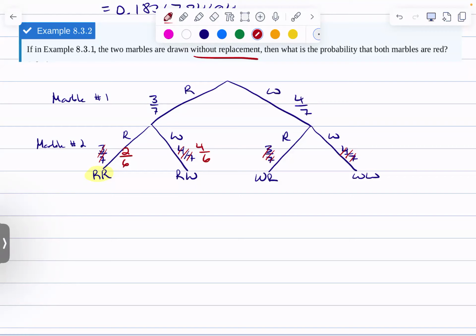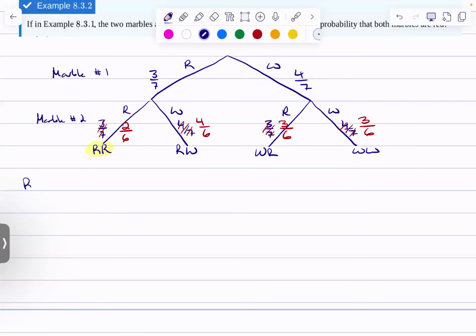How about for the second set of branches, if we draw a white marble first, then I still have 3 red marbles, but it's out of 6 now. And I only have 3 white marbles out of 6. So now the probability of R and R is going to be 3/7 times 2/6.